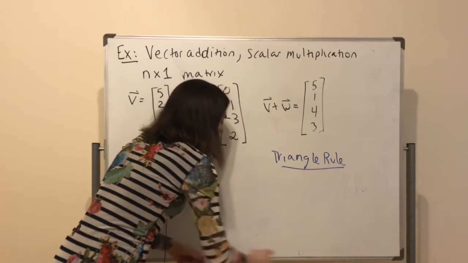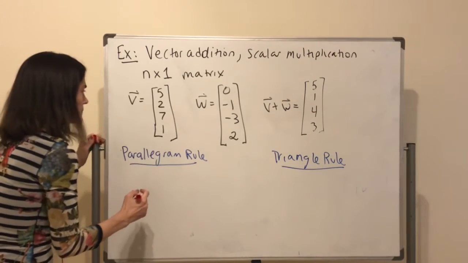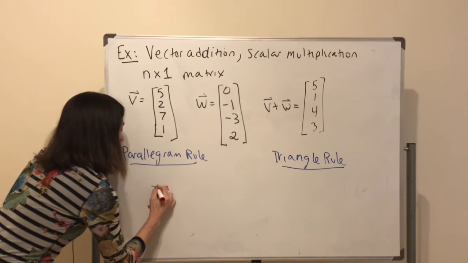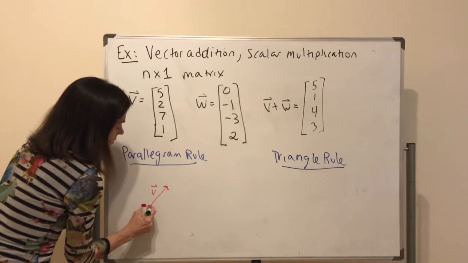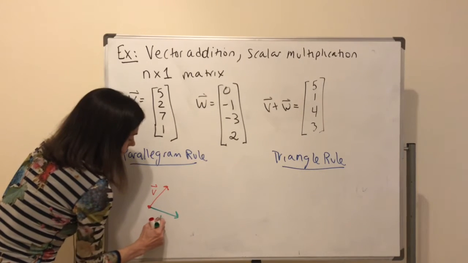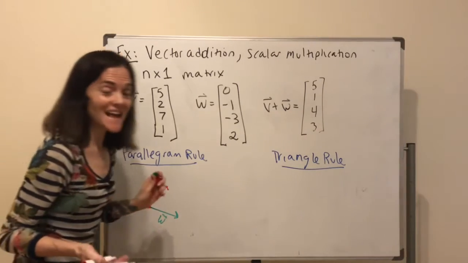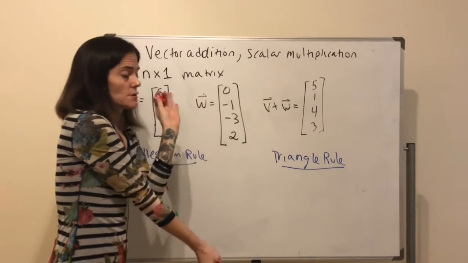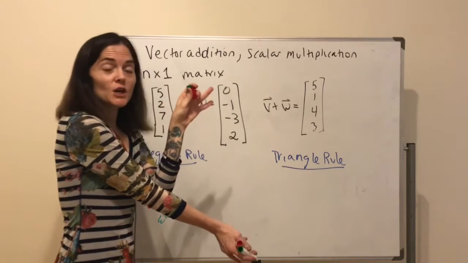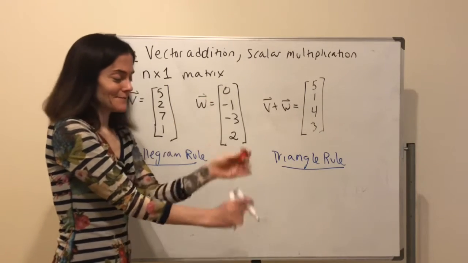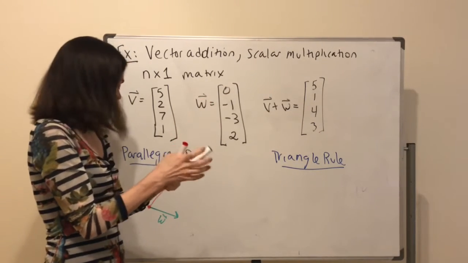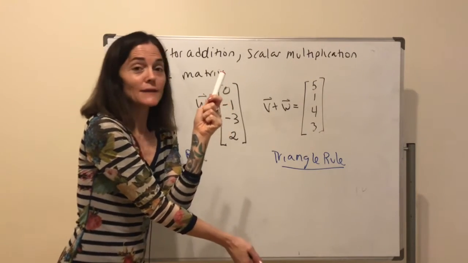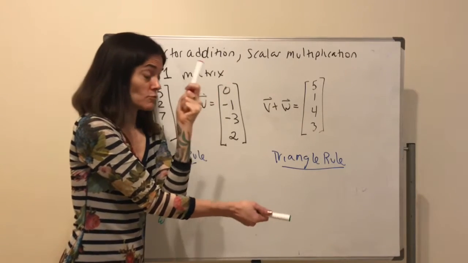So if you have 2 vectors in the plane, you connect their tails. If this is V, we connect the tail of W to the tail of V. As I mentioned in my last video, I did it in R2, but this is very general. These could have 15 components and really be in R15, and I could still do this.